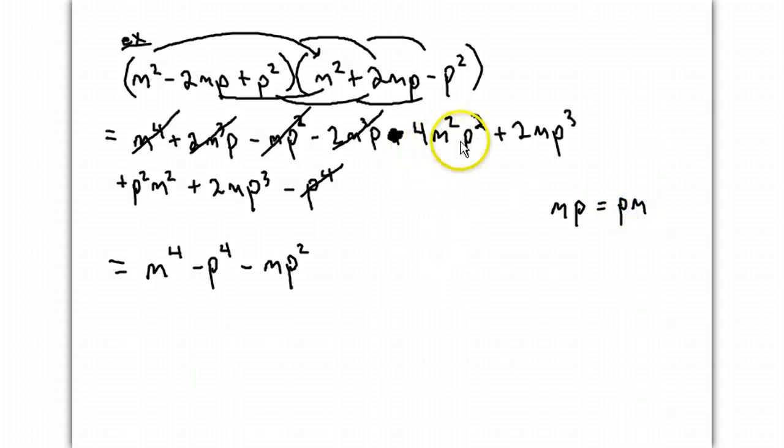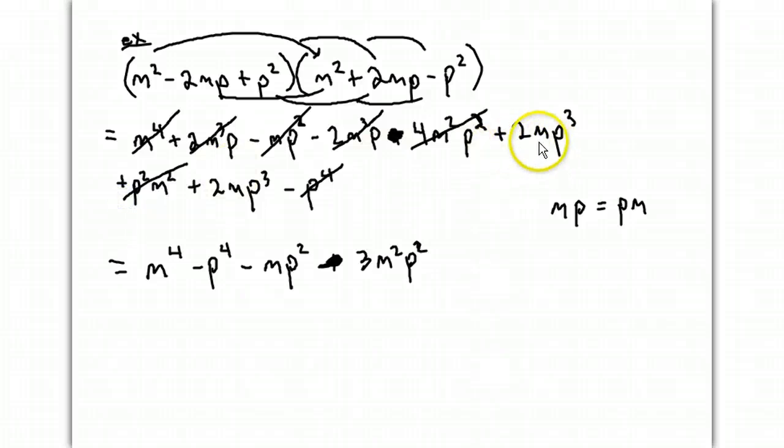So therefore the m squared p squared is identical to the p squared m squared. So I can add those two together. That's going to give me a minus 3m squared p squared, because what you have is a minus 4 here, positive 1 here. So minus 4 plus 1 is a negative 3. So I cross these two out so I won't use them.